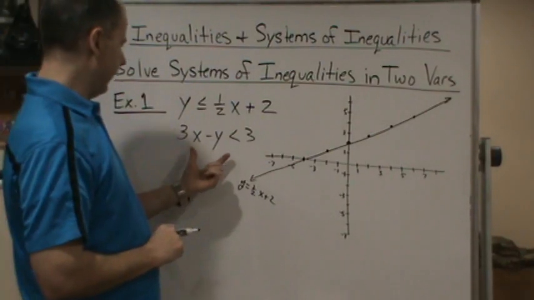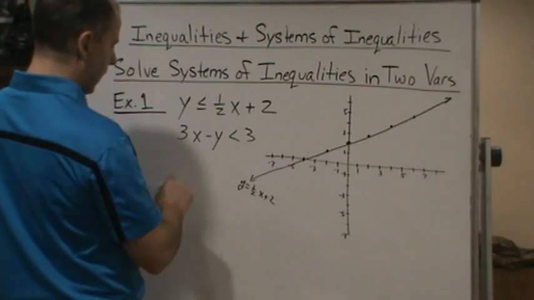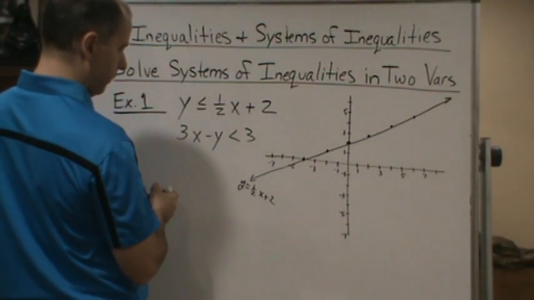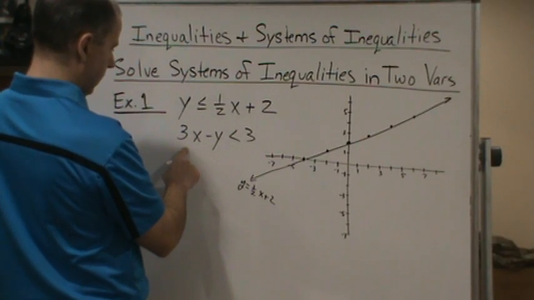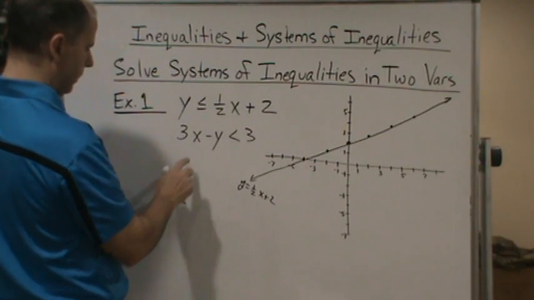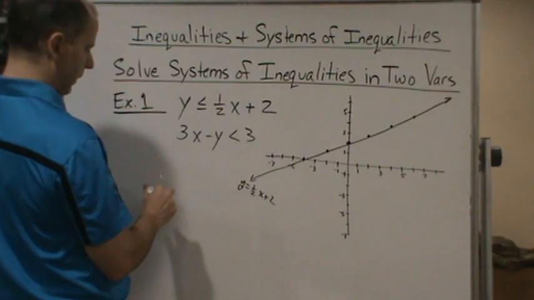Now for this one here, we can plot the intercepts if we want. That would be at 0, -3. So if x is 0, y is -3.